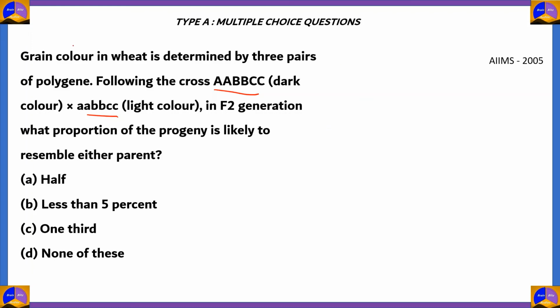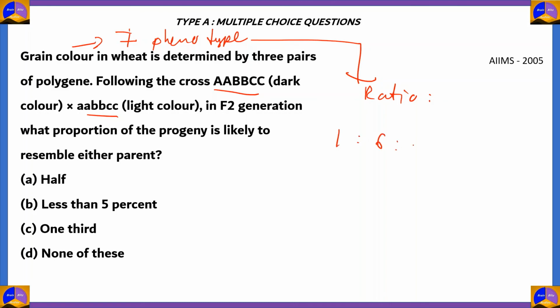So in grain color of wheat, there are 7 phenotypes, and their ratio is 1:6:15:20:15:6:1. These represent various shades of grain color, but we don't need to go through all of these. What we need to find out is what proportion of the progeny is likely to resemble either parent.